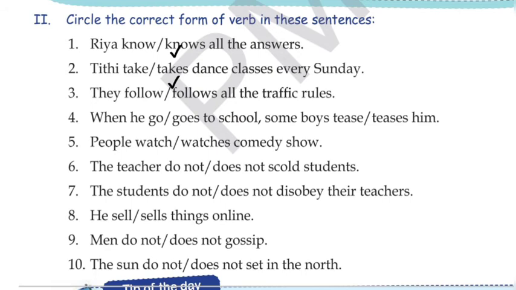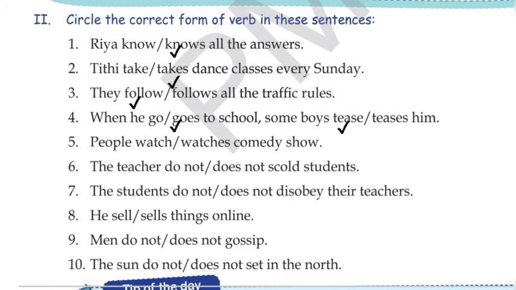Now next, they follow or follows. They, we learned this thing with we, I, they, you. The root form of the verb is used, so they follow. Then he go or goes, so he is singular, so goes to school. Some boys tease or teases, so it's tease.